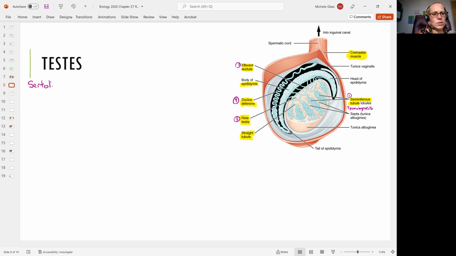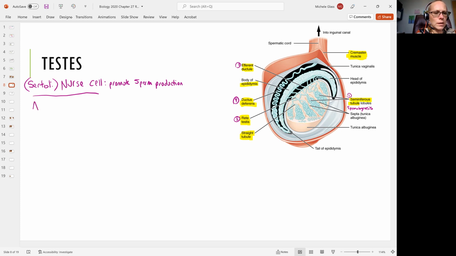So we have a cell that's called the Sertoli cell, or I'm more used to calling it the nurse cell. So that's how I will primarily refer to it in our materials. The nurse cell is going to promote sperm production. We're going to see that it releases several hormones.